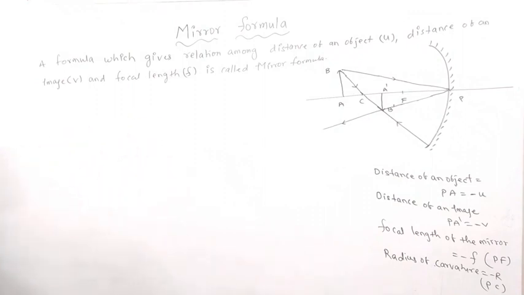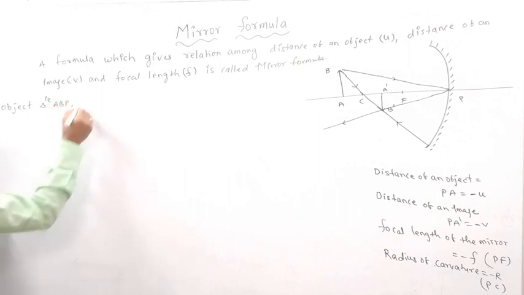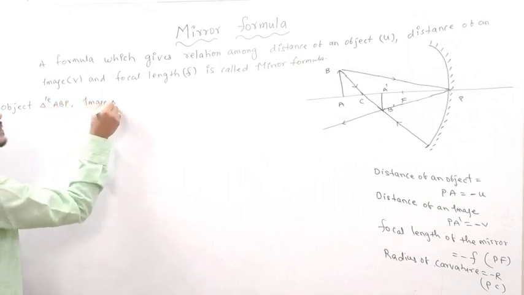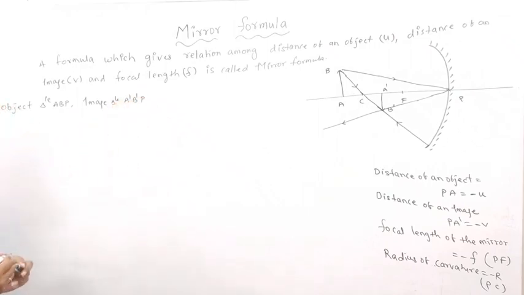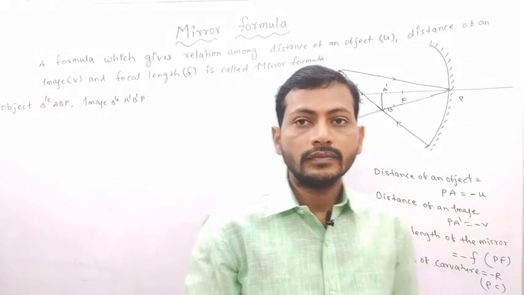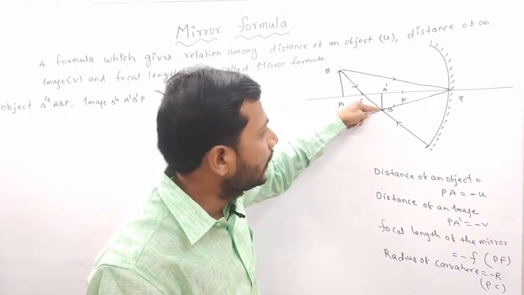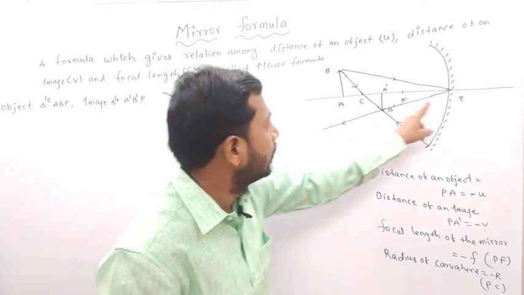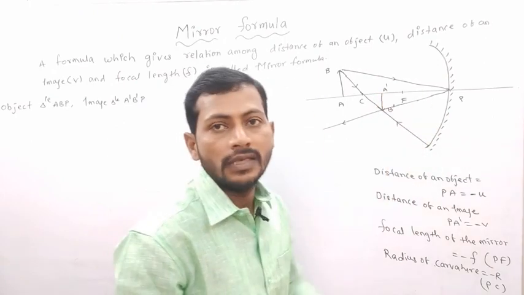See the diagram and say it, children. The object triangle is ABP, and the image triangle is A dash B dash P. In these two triangles, I hope you can observe clearly: AB is the height of the object, A dash B dash is the height of the image, AP or PA is the base, and A dash P dash is the base.